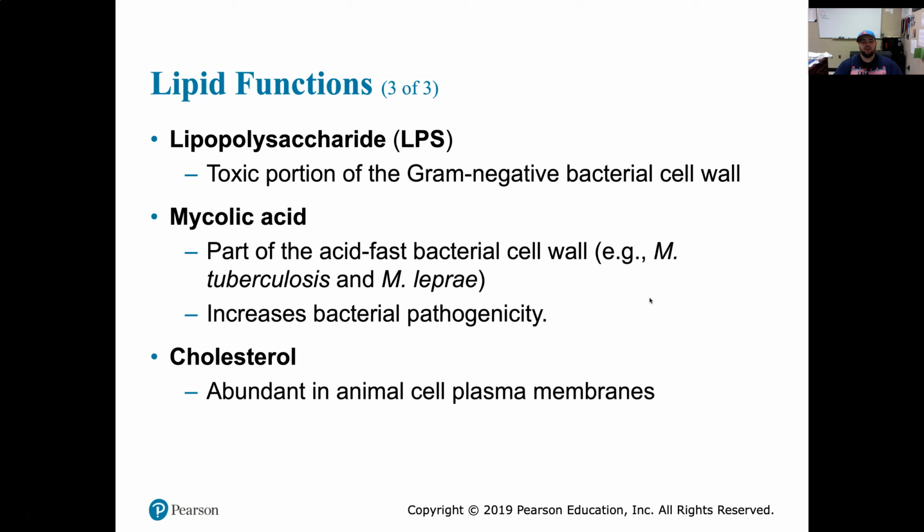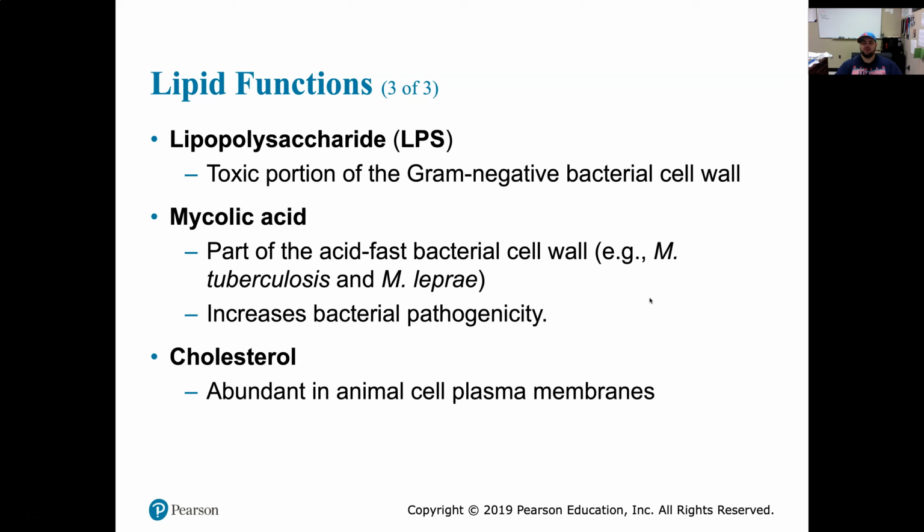Mycolic acid is unique to specific organisms. For instance, tuberculosis, Mycobacterium tuberculosis. The outside, instead of having an LPS or peptidoglycan, instead it has mycolic acid. Now, mycolic acid makes tuberculosis extremely pathogenic.